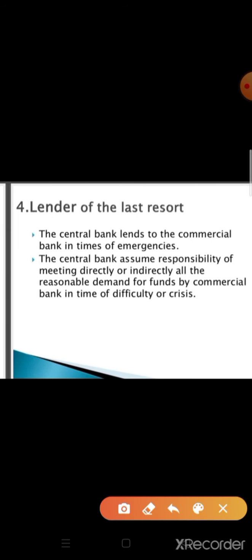Now, lender of the last resort. Central bank lends to commercial banks in times of emergency. The central bank assumes responsibility of meeting directly or indirectly all the reasonable demands for funds by commercial banks in times of difficulty or crisis.